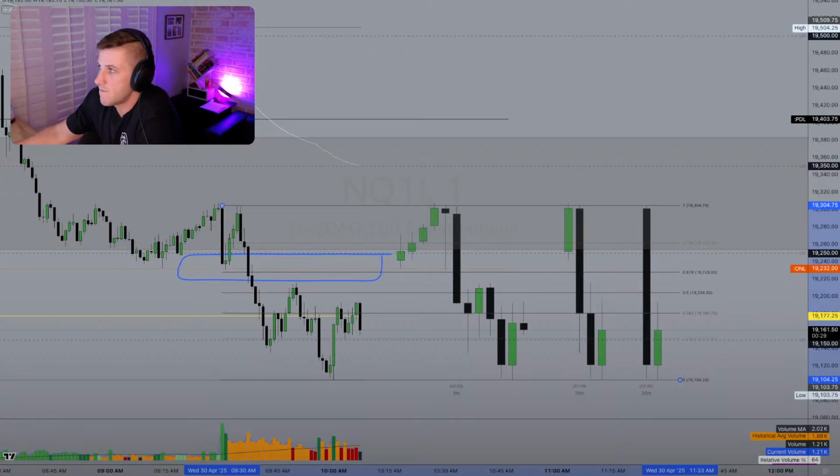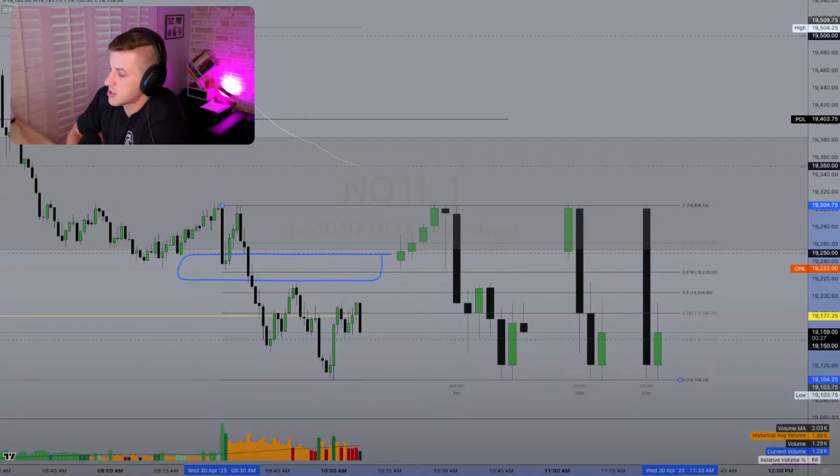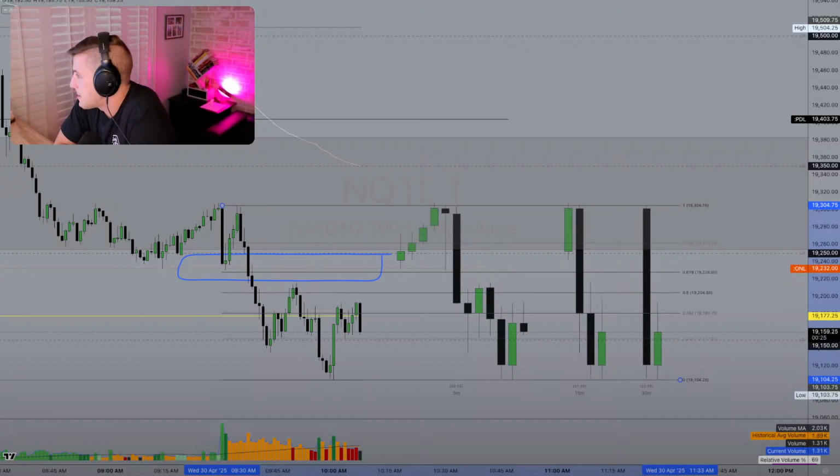Right back into 150. A little churn now, post 10 a.m.